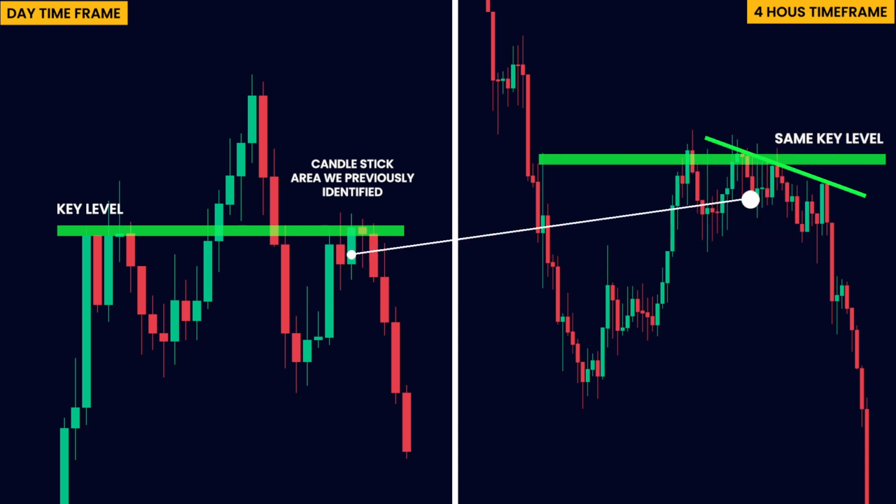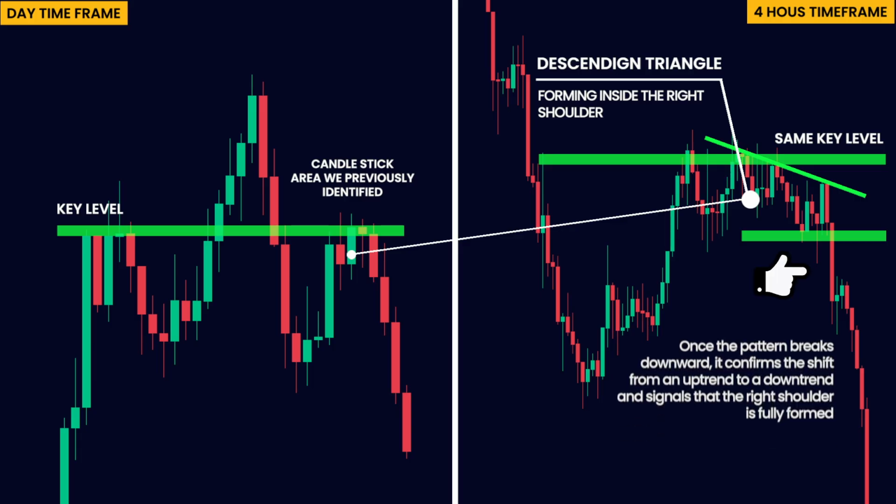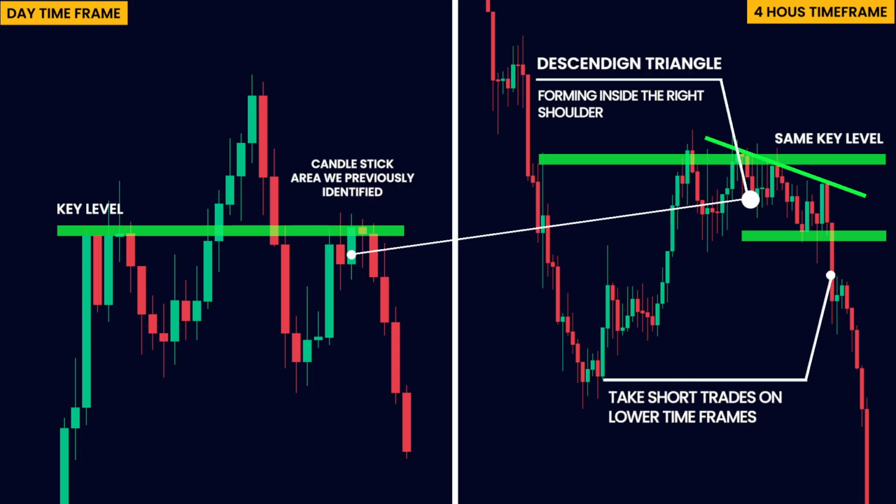If you spot a clear bearish pattern, such as a descending triangle forming at that resistance, it strengthens the case for an early entry. Once the triangle breaks down, that confirms the reversal from uptrend to downtrend and completes the right shoulder on the higher time frame. At this point, you'd move to even lower intraday charts to find a precise short entry.